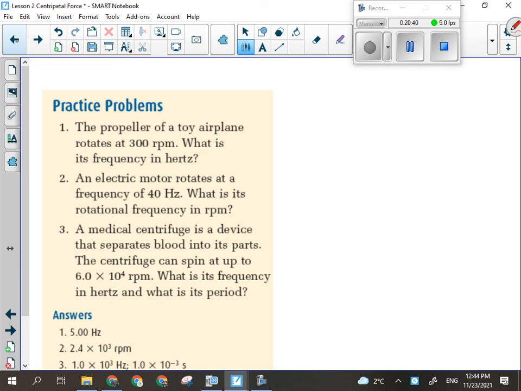A couple of things to remember about rotations per minute and hertz. This comes up quite a bit in this unit. Remember this formula from the first day? Period is 1 over frequency. Period is seconds per cycle, how long it takes to make one complete revolution or orbit.